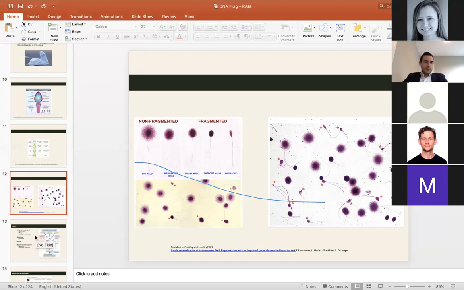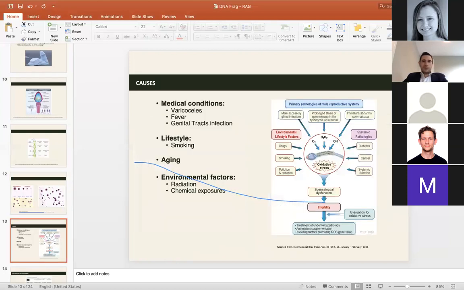You might ask me, what are the causes of this DNA fragmentation? Why would it happen? It's a multifactorial process. Anything that would affect the sperm, for example, drugs like chemotherapy, if a person is a smoker, if he has any systemic diseases such as diabetes, cancer, if he has a recent infection, if his work would expose him to any pollution or radiation, then all of these factors will increase something called oxidative stress.